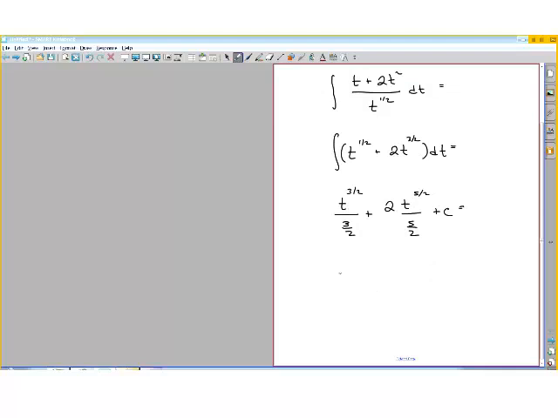So that's the same as multiplying by 2/3. So we get 2/3 t to the 3/2 plus 2 times 2/5, reciprocal of 5/2 is 2/5, times t to the 5/2 plus c. And so the final answer is 2/3 t to the 3/2 plus 4/5 t to the 5/2, sorry.